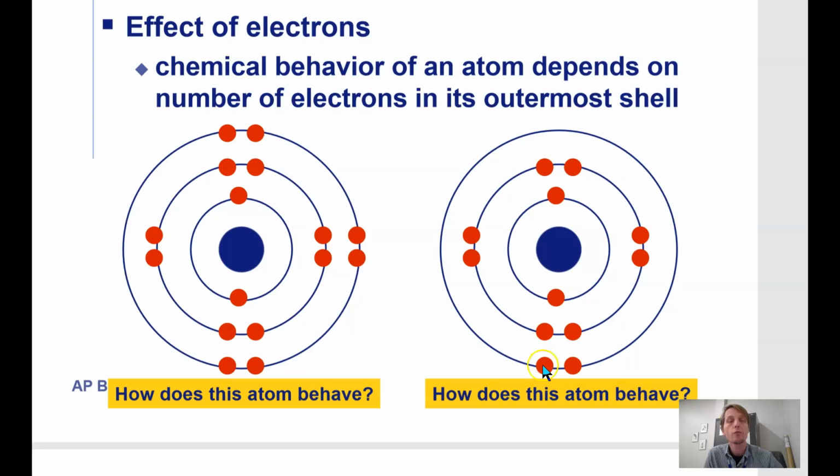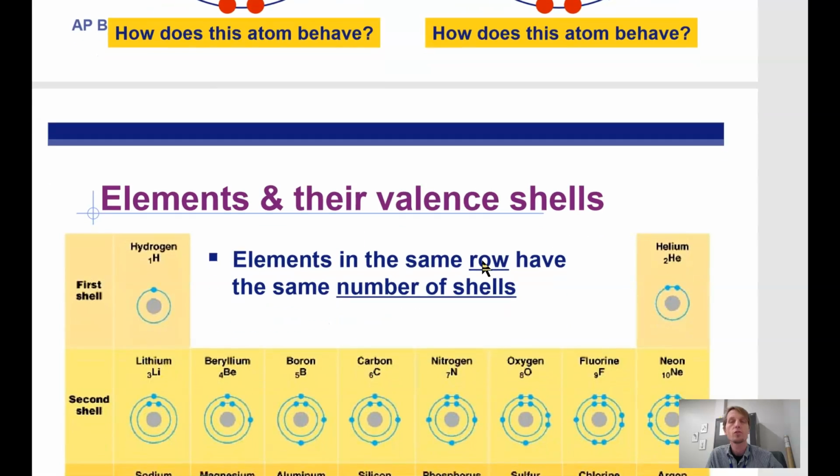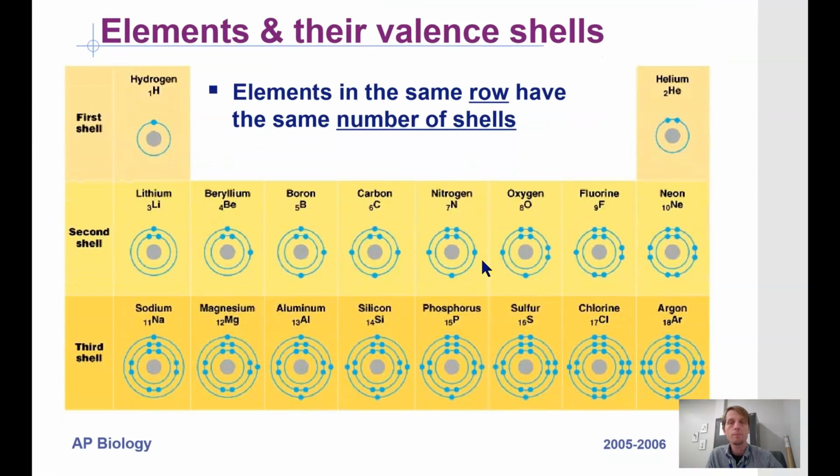So 2 negative charges are moved over here. Having lost 2 negative charges, this becomes a positive 2. So a positive 2, a negative 2, you got a match made in heaven. They're going to attract each other. We'll see this again in a little while with salt as you scroll through the PowerPoint.